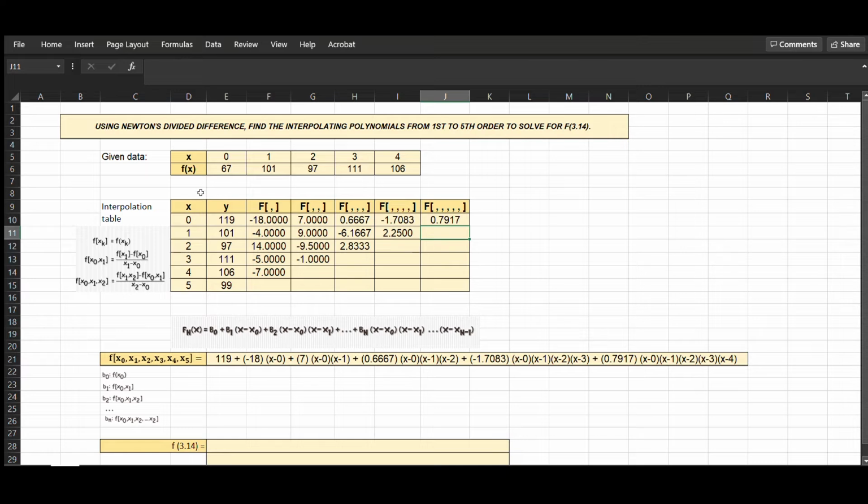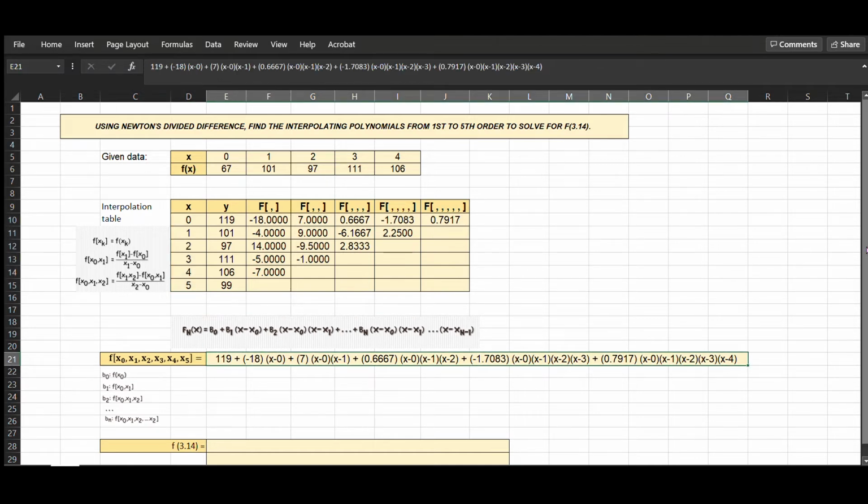Now we're finally done with our interpolation table. Now let's proceed to use this formula we have shown earlier by substituting the value of b sub 0, b sub 1, b sub 2, b sub 3, b sub 4, and b sub 5. Just like that, we're just going to substitute it as of the moment.